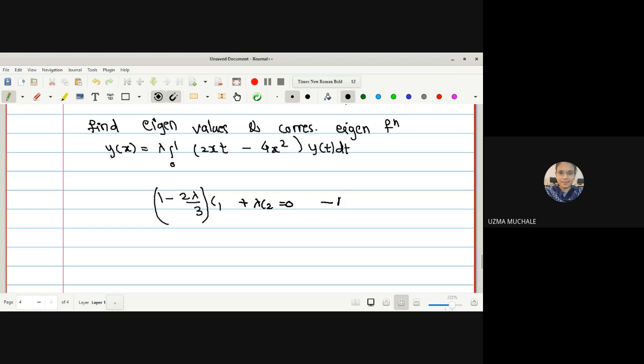This is equation A. And the second equation we have is lambda C1 minus 4 lambda upon 3 plus 1 into C2 equal to 0. This is equation B.